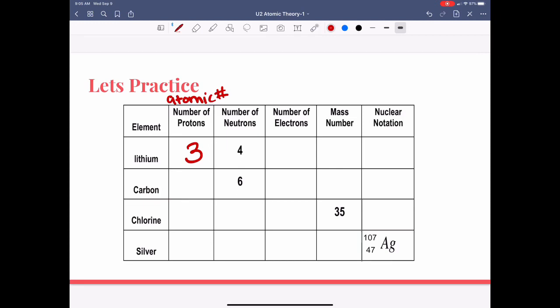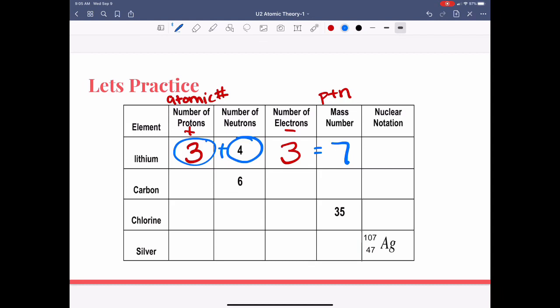We said that we're dealing with neutral atoms, so the number of positive particles and the number of negative particles have to be equal. So for today, protons and electrons are equal. Mass number. How do I find mass? Mass is protons plus neutrons. So I have 3 protons, 4 neutrons, and that equals a mass number of 7.